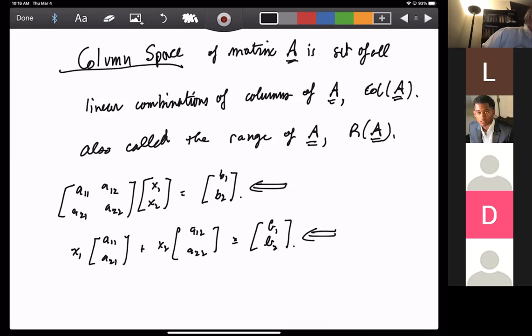So the column space of the matrix, or the range of the matrix, that's a set of vectors. And as long as this right-hand side is in that space, we're going to be able to solve the system.